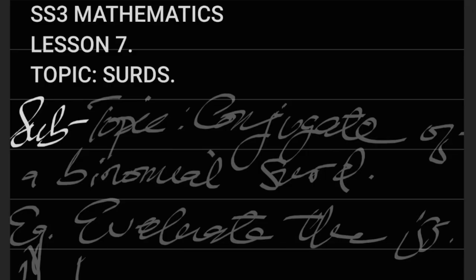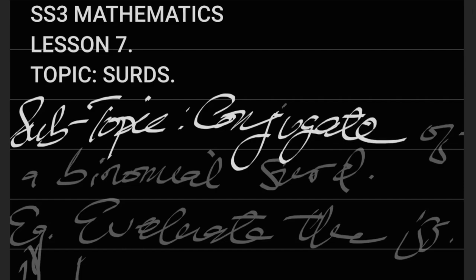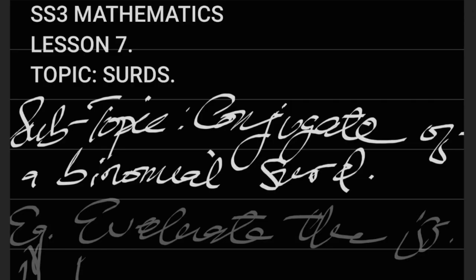So today we're going to be seeing the subtopic conjugates of a binomial surd. Without any waste of time, we are going to move into the examples.